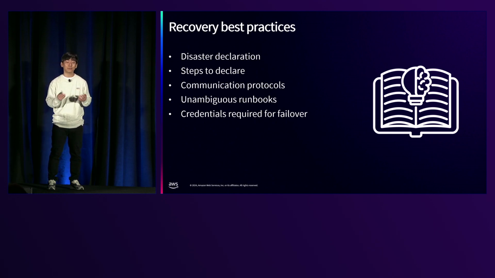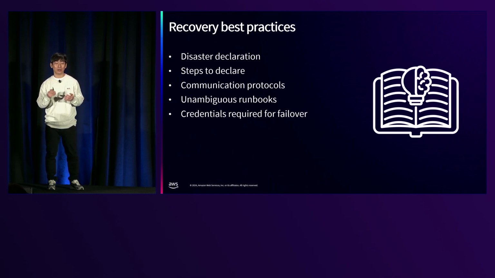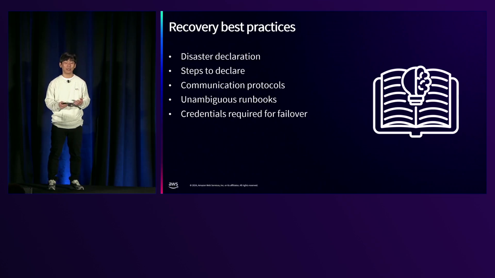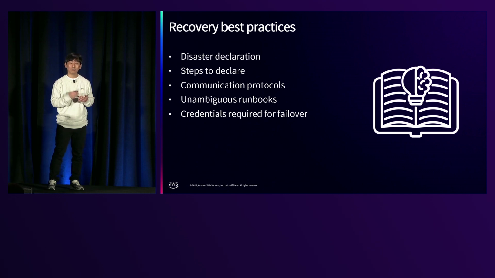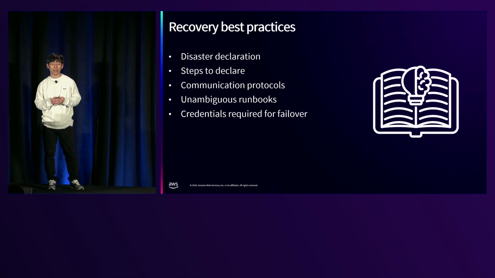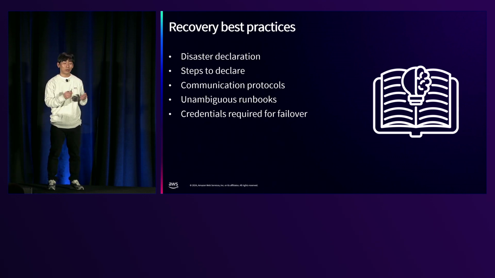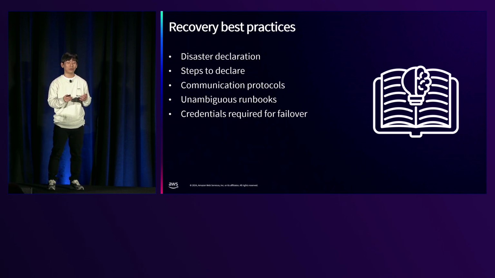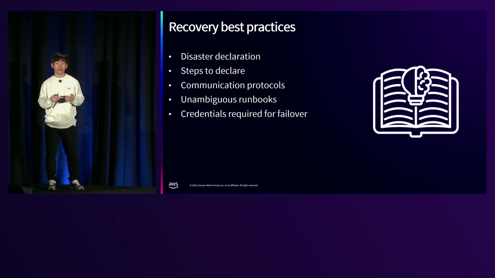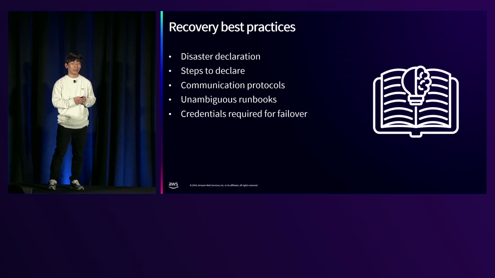Next, specify communication protocols for how employees will establish contact and share information throughout a disaster, including phones, alerts, media, and other communication methods. Your runbook should be detailed enough that anyone with the right access could follow it, even if they weren't involved in creating the plan.